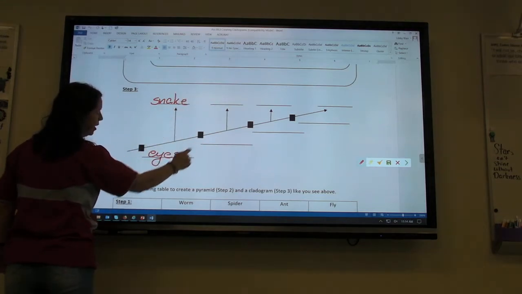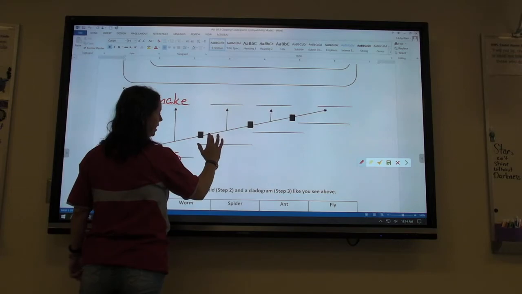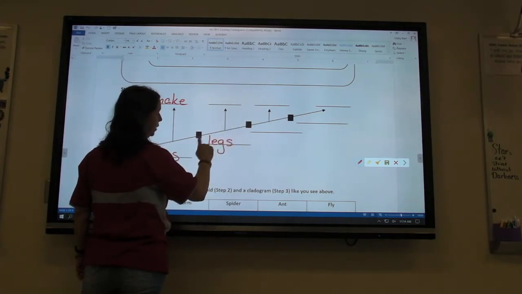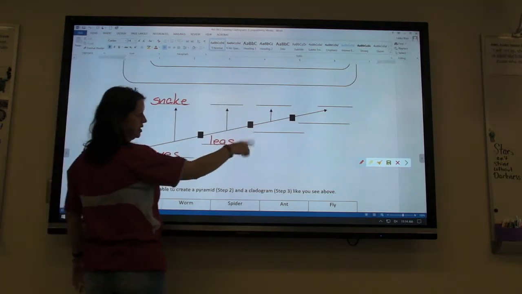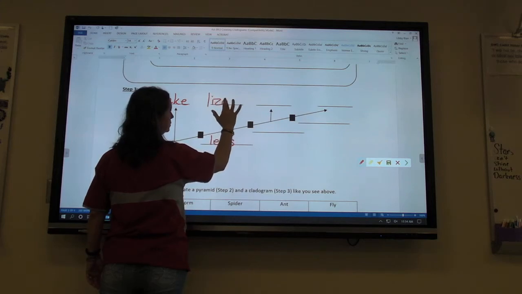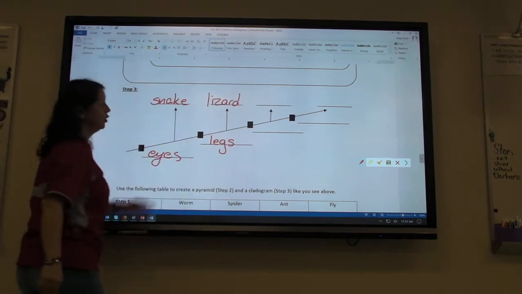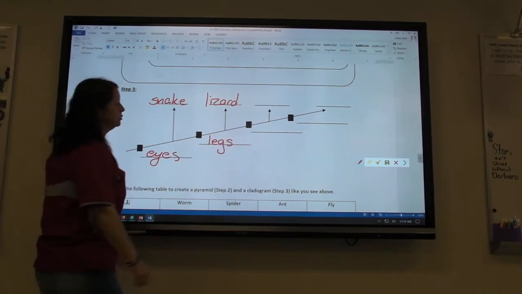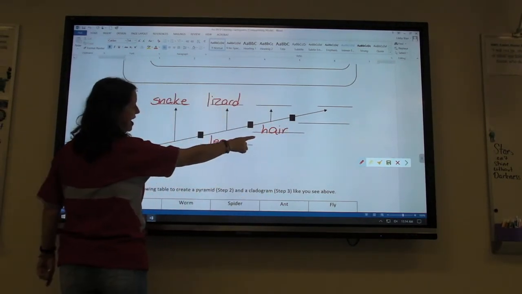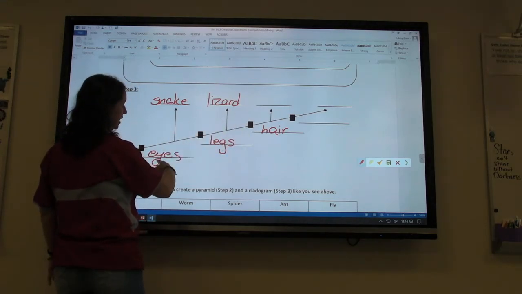Now the snake is left out of having legs. What has legs and eyes but does not have the other 2? That's the lizard. The lizard is left out by hair. What has hair and legs and eyes?